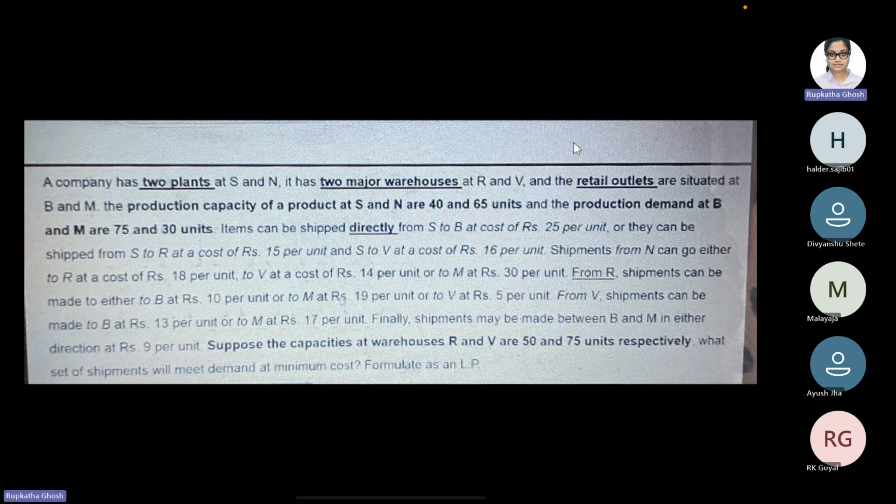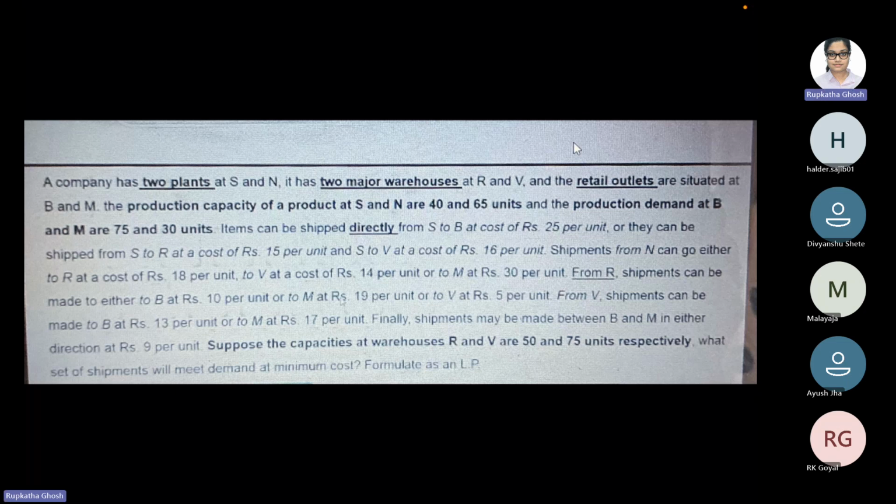On the left hand side, you draw 2 plants, S and N. In the middle, you draw 2 major warehouses, R and V. And the retail outlets on the right hand side, B and M. Based on the statements, you draw your arrows and write the numbers. See how much can go into one warehouse, how much can come out of one plant, how much can come out of one warehouse, and how much can go into one retail outlet.